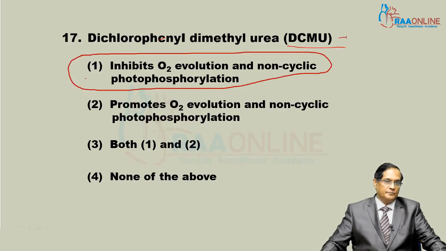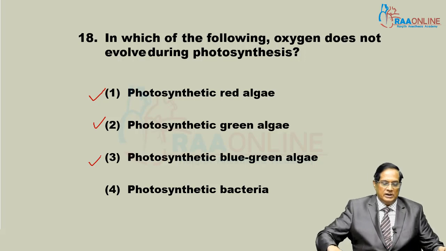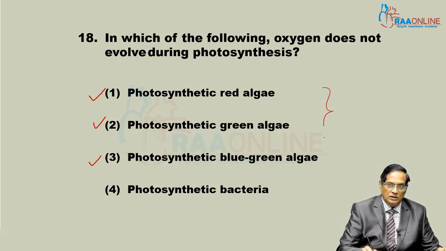18th question. In which of the following does oxygen not evolve during photosynthesis? Simple question. That is green algae and blue-green algae. In all these, water is used as raw material and oxygen is evolved in them.